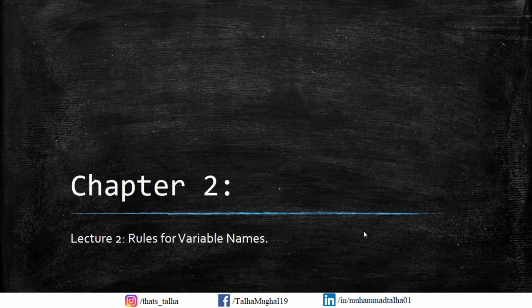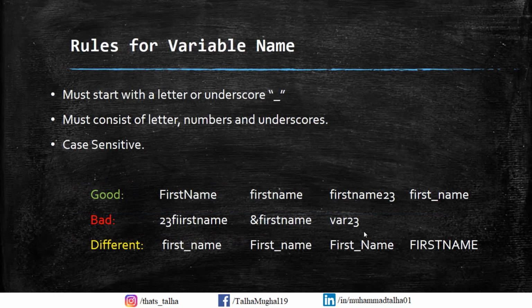In this lecture, we are going to discuss the rules that we have to follow to name our variables. The very first rule is that our variable name must start with a letter or an underscore, which means that our variable name cannot start with a numeric character or a special character. The second rule is our variable name must consist of letters, numbers, and underscores.